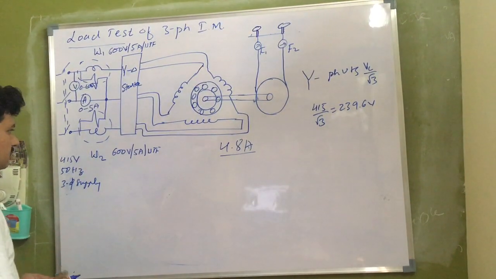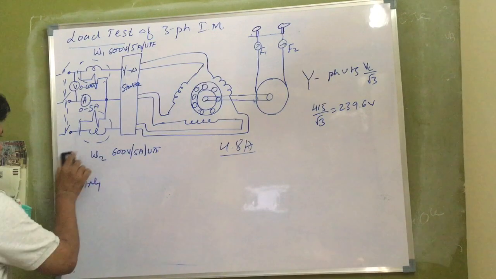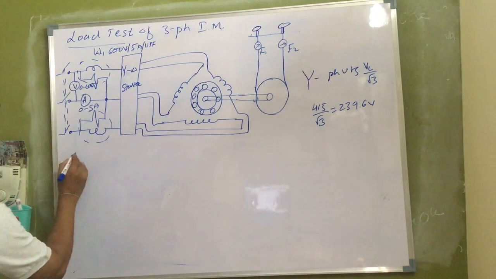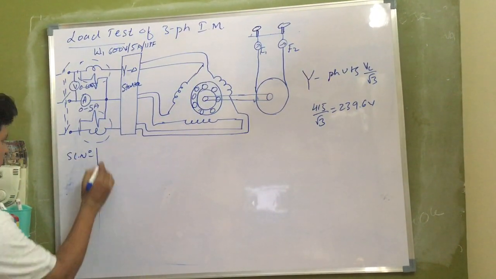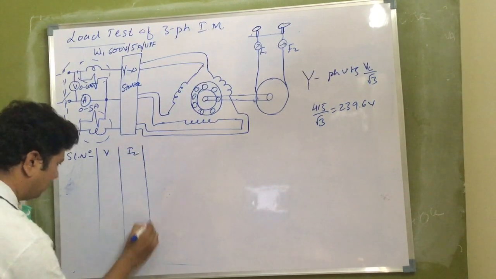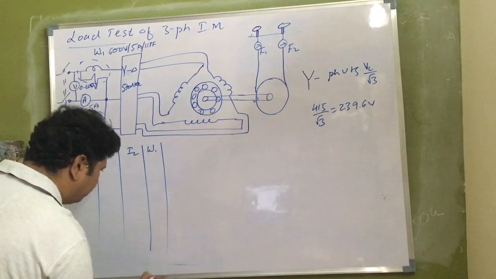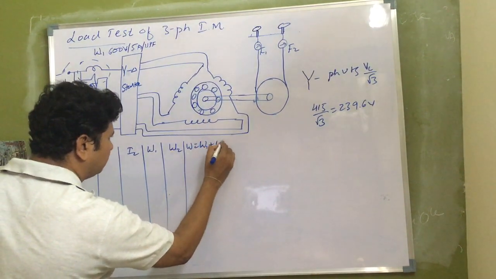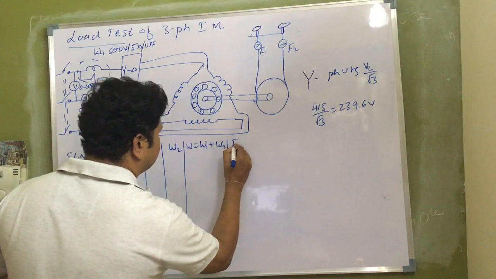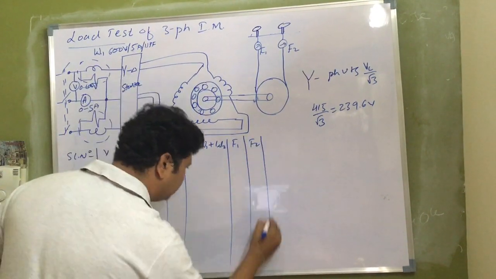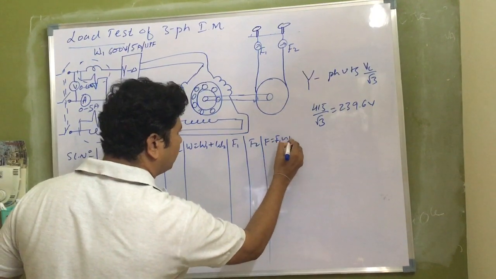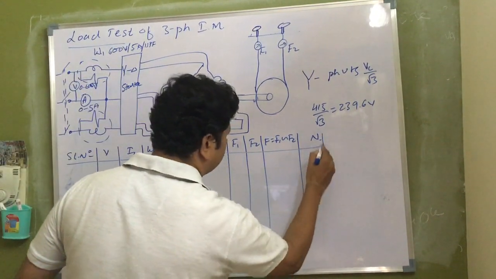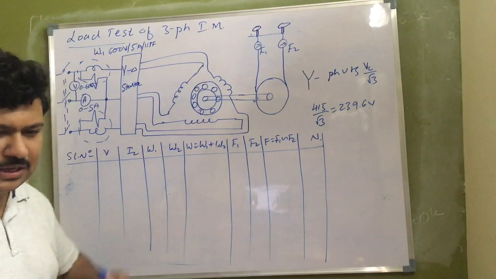So serial number, voltage, line current, W1, W2, W is equal to W1 plus W2, F1, F2, F is equal to the difference of F1 and F2, and speed. This is what I note. Okay, other things I calculate using the formula.